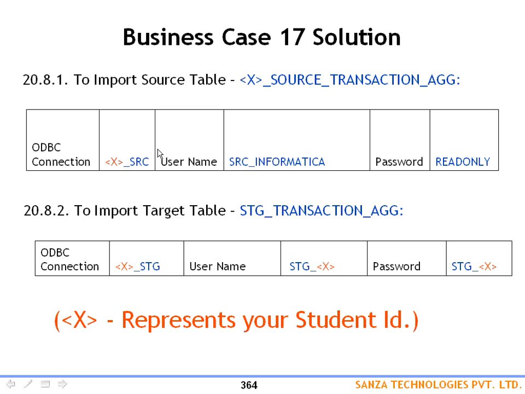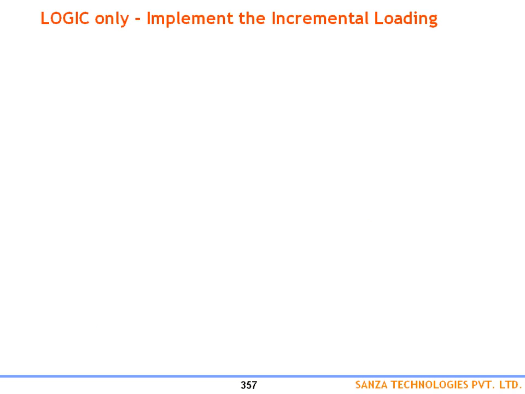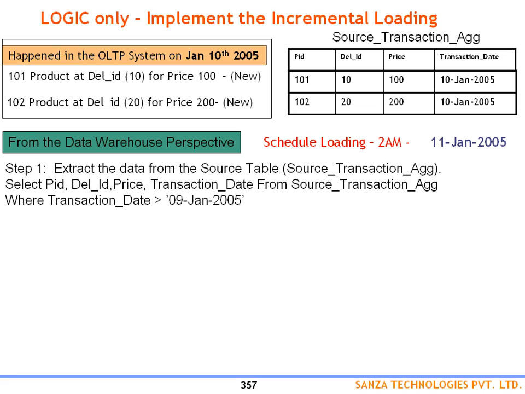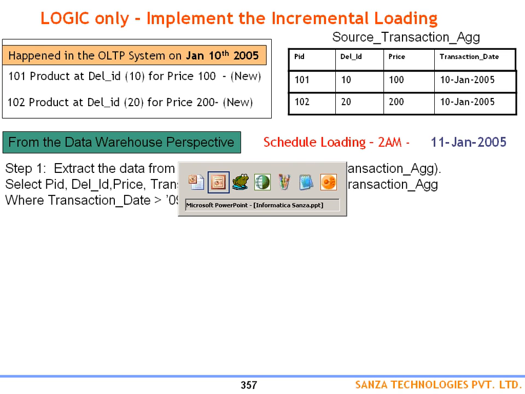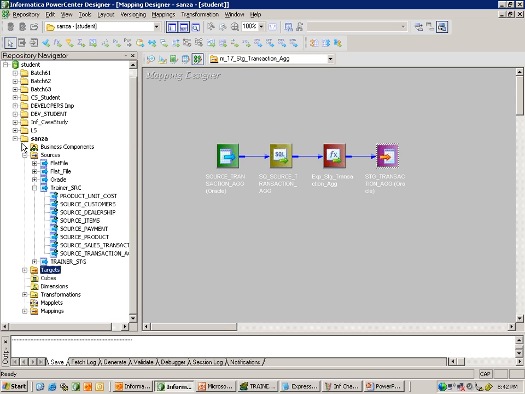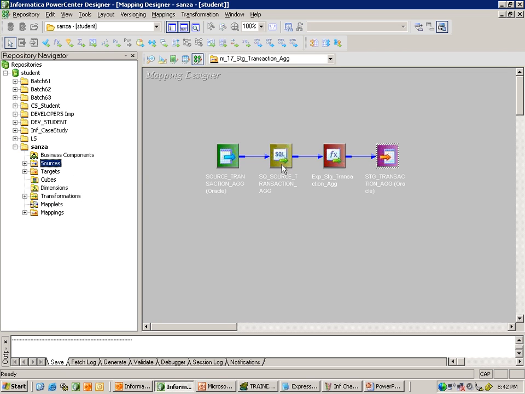So what should we do? As per our business logic, let's assume on 11th January, when you execute it, you should extract the data where transaction date is greater than 9th January. So what will we do? To extract the data greater than 9th January 2005, in Informatica you can write it in SQL override.